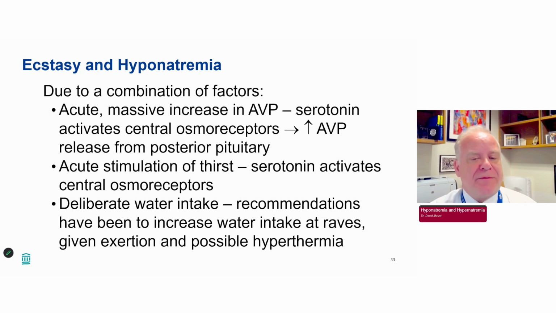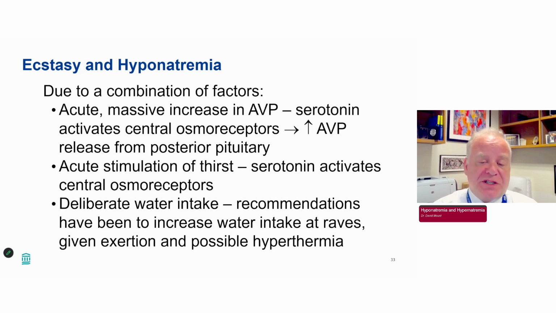So it's due to a combination of factors. You get this acute massive increase in AVP. Serotonin activates central osmoreceptors. So if you look at c-Fos staining in the brain as a marker of activation, the osmoreceptors get turned on dramatically, but as does the rest of the brain. So it's not selective. And that increases AVP response from the posterior pituitary.